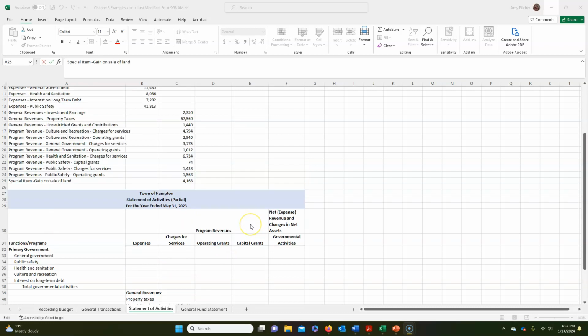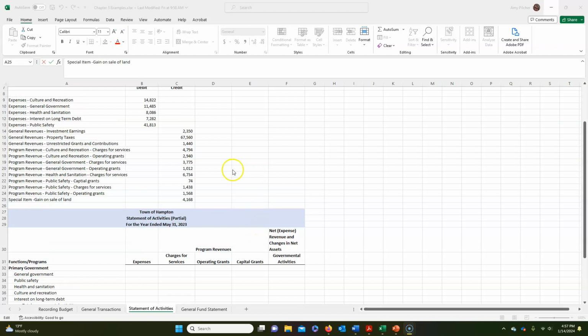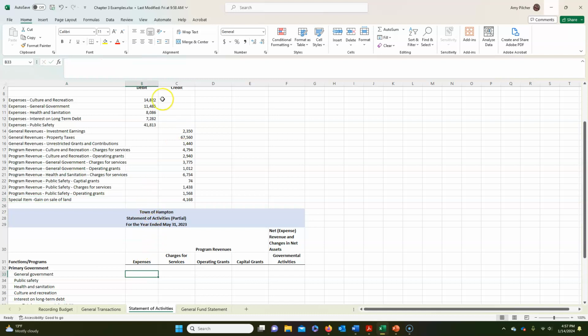First we have the different expenses: culture and recreation, general government, health and sanitation, interest on long-term debt, and public safety. We're going to bring that down.